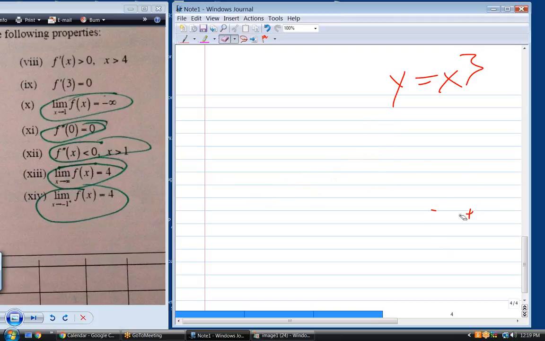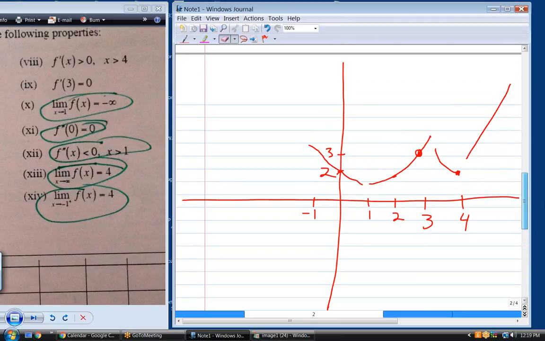So, going back to our graph, all I know is that the first derivative at 3 equals 0. Well, let me draw that a little differently. I know it's increasing between 1 and 3, and it goes through that point there. So how about there? Now the first derivative at 3 is horizontal.